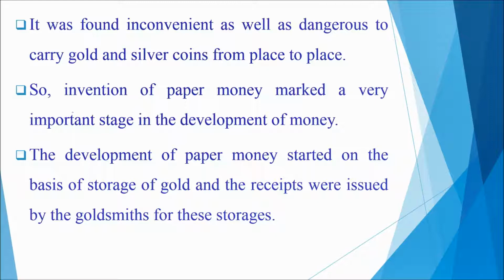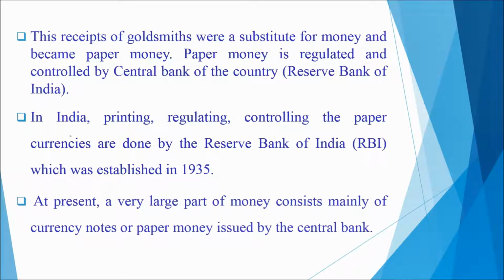So the receipts given by the goldsmith were considered as money. These receipts of goldsmiths were a substitute for money and became paper money. Paper money is regulated and controlled by the Central Bank of the country, that is Reserve Bank of India.